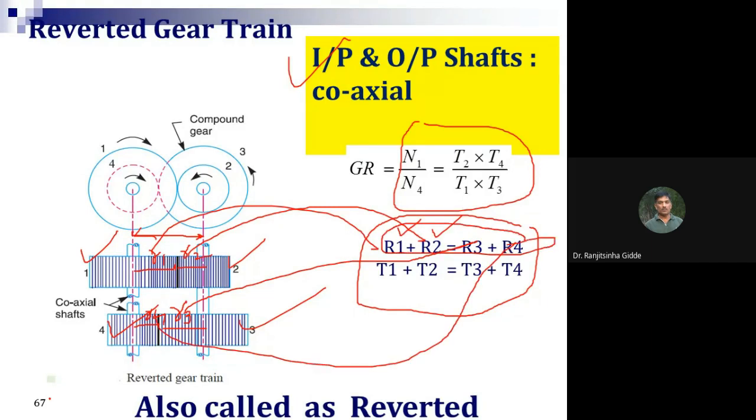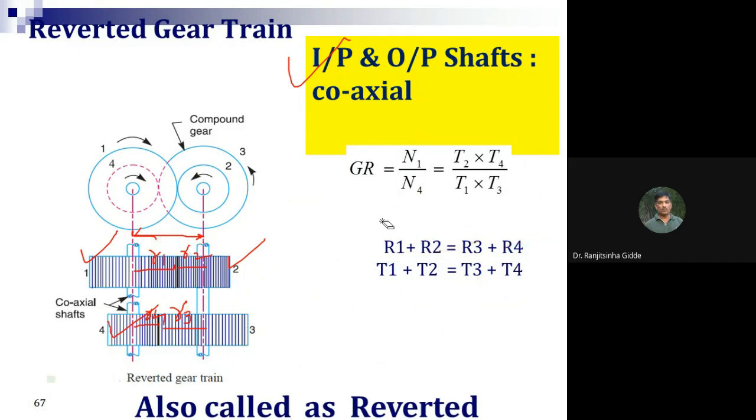So this has been written in terms of the radius. Okay.